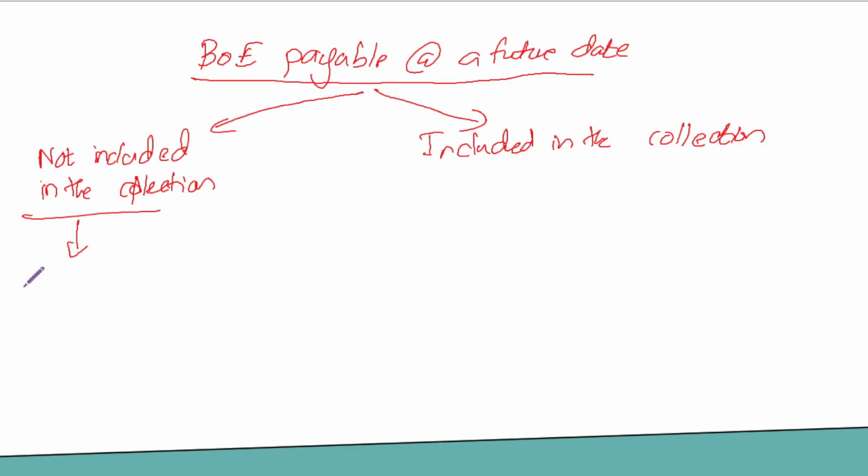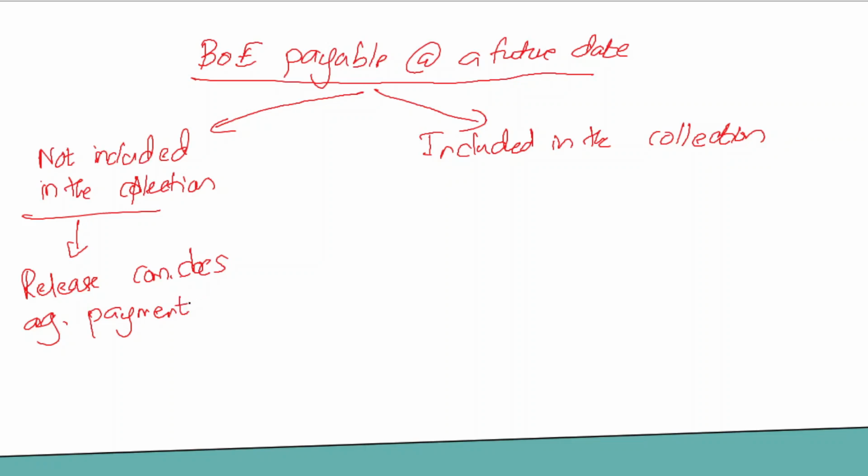Then you can, of course, release the commercial documents. Now, don't ask me what commercial documents means. Please go and refer to Article 2, which covers these definitions. So, you can release these commercial documents against payment.